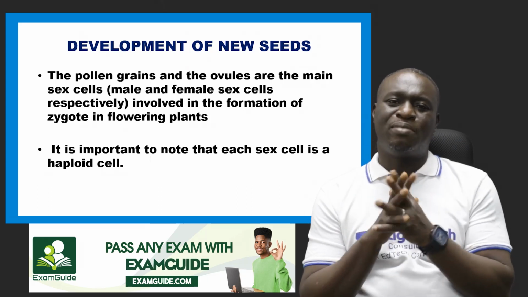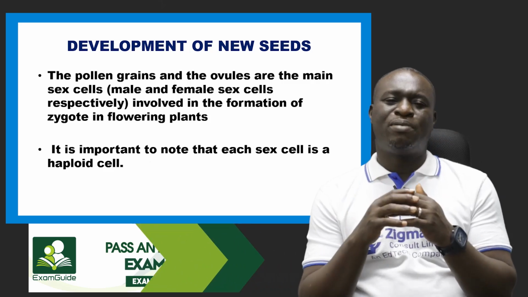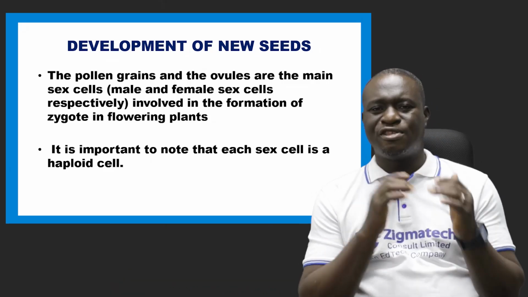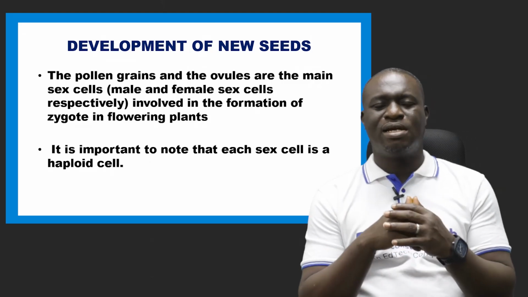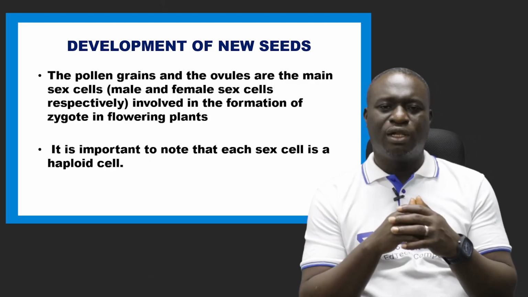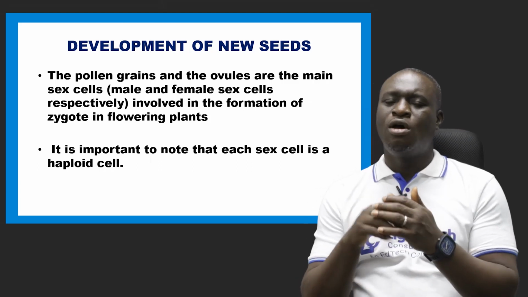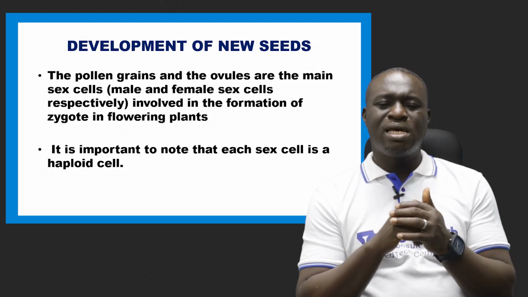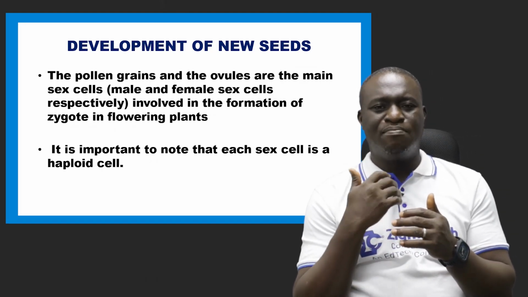Also in flowering plants, since they undergo sexual reproduction, flowering plants also have their sex cells or gametes. They have a male gamete and there is also a female gamete. The pollen grains, which are located in the anther of a flower, are the male sex cell of flowering plants, or you can call it the male gamete.